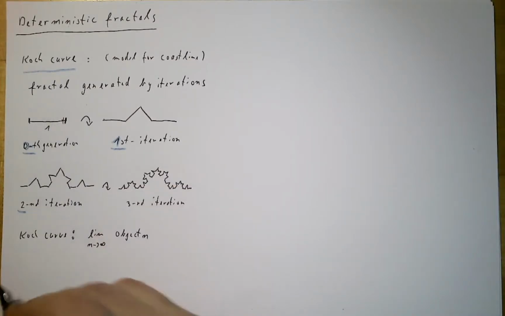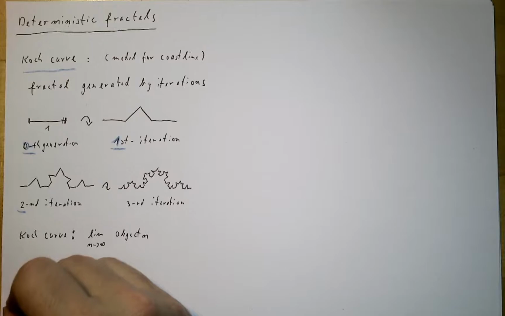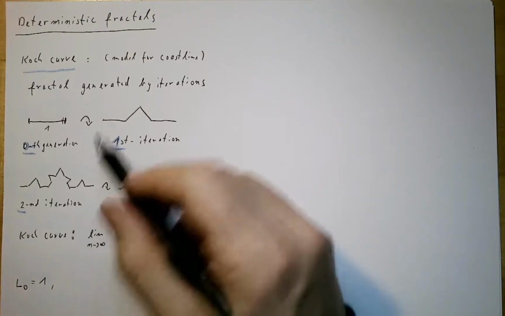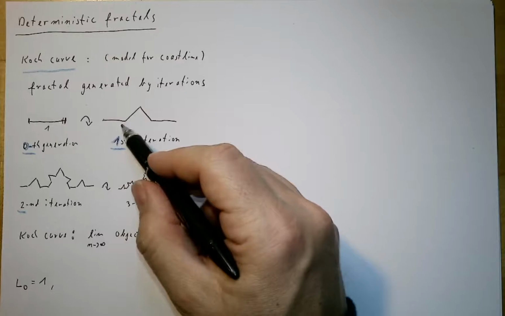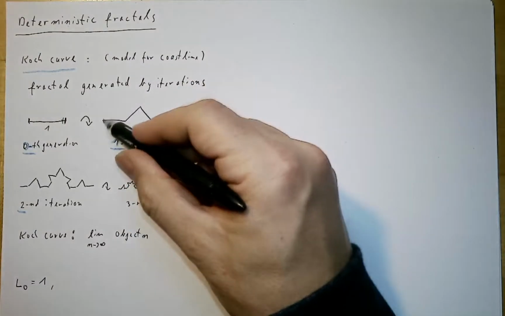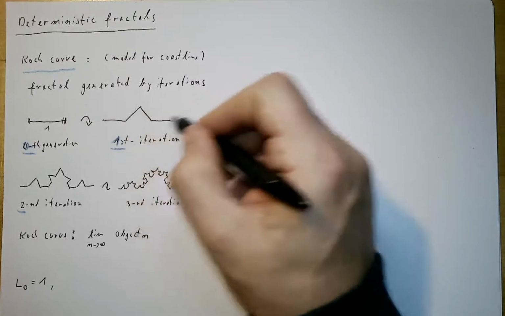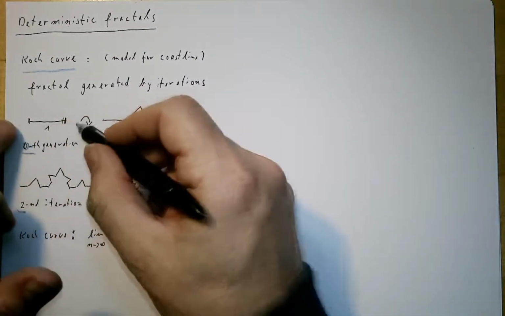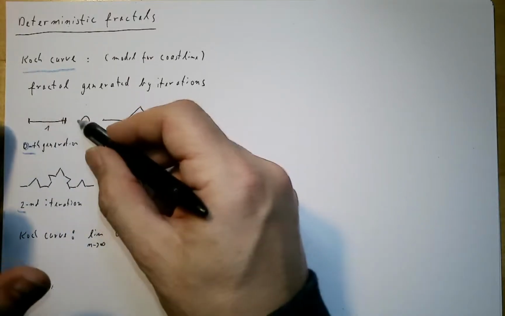So let's take the length at the 0th iteration, then the length of the object is exactly 1. So what is the length in the first iteration? So what did we do in this iteration? We have 4 copies of the old object, but actually the first length should have been here exactly like this.